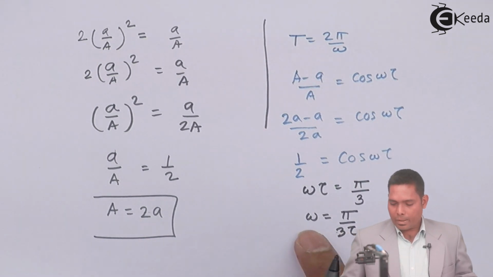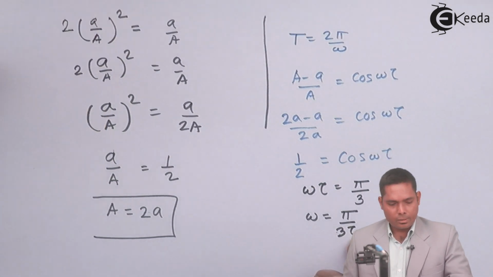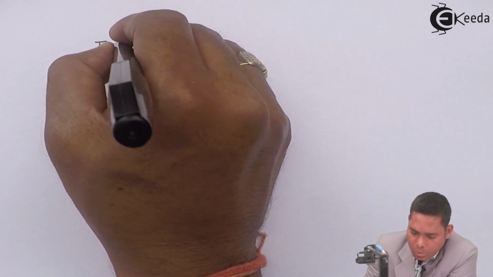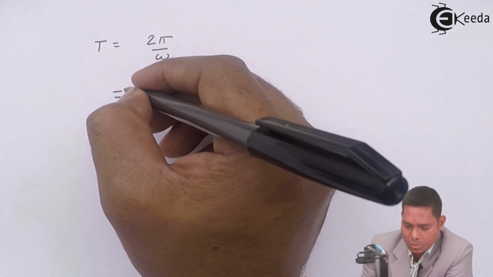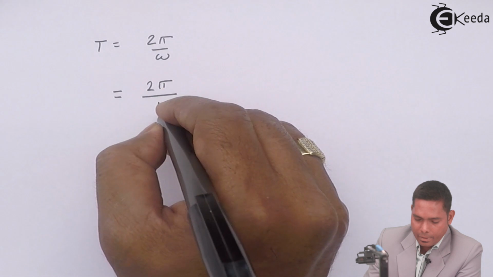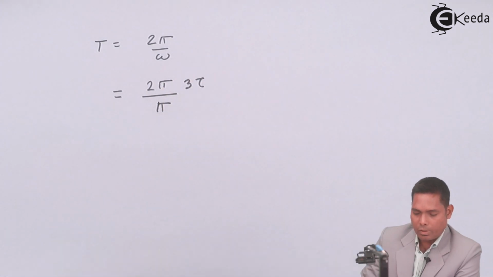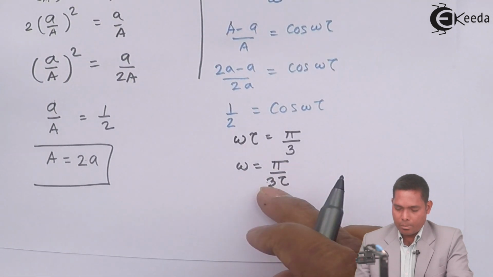So if I have omega as this, I will substitute this omega in the general equation, T equals 2 pi by omega. This is the time period of oscillation. So T equals 2 pi by omega, and omega is how much? Omega I got as pi divided by 3 tau.